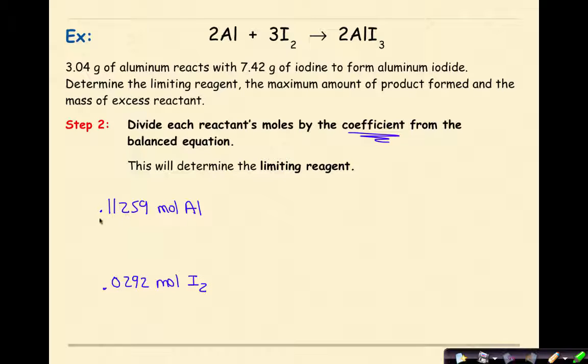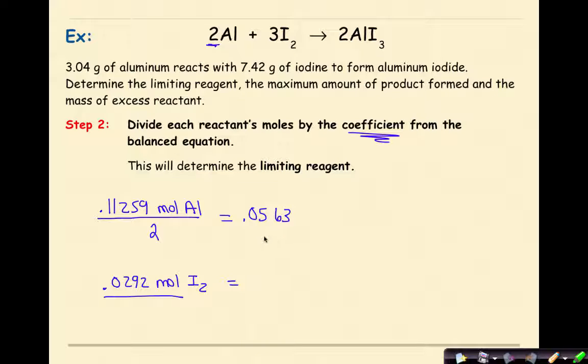So what I'm going to do here is divide each of these by the coefficient from the balanced equation. So the coefficient in front of the Al is 2. So I'm going to put a 2 here. And if I divide that out, I'm going to get 0.0563. No units. Okay, this is helping us determine the limiting reagent.